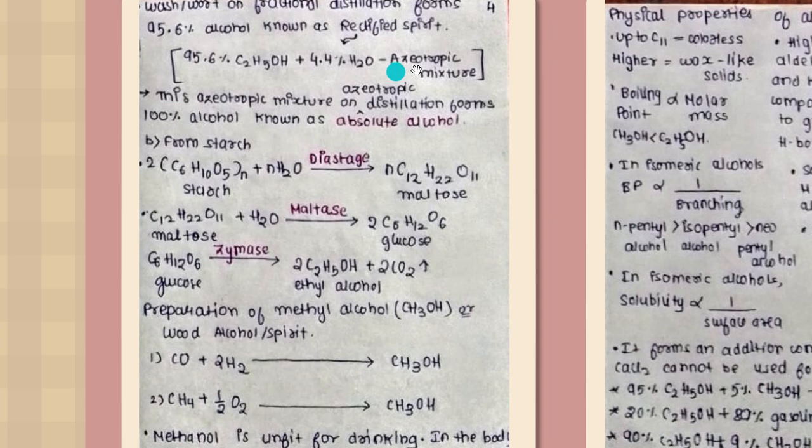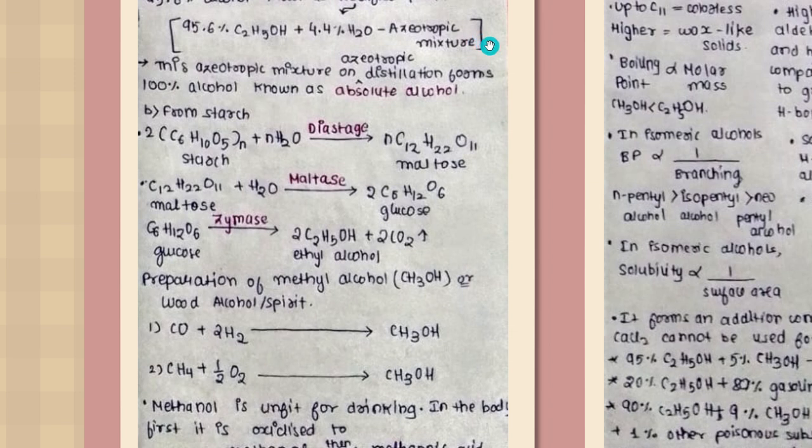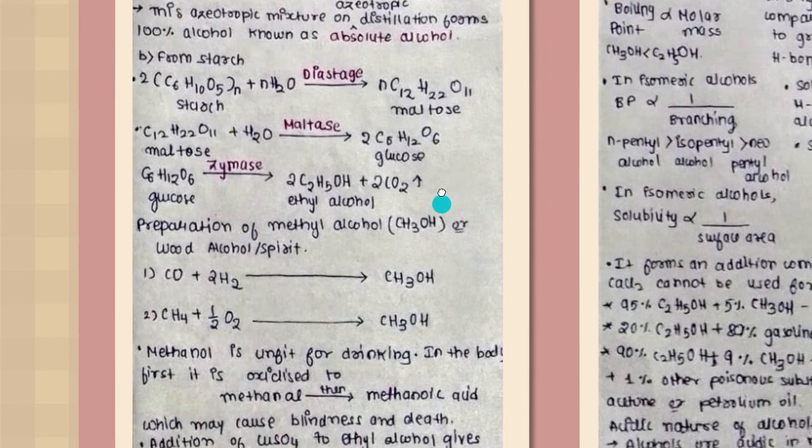But this azeotropic mixture, 95.6% C2H5OH and 4.4% H2O, together boils at a constant temperature. So an azeotropic mixture is also known as a constant boiling mixture. This mixture on azeotropic distillation forms 100% alcohol known as absolute alcohol.